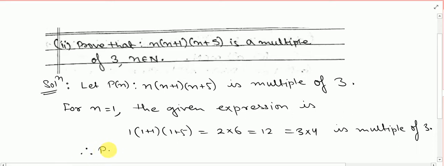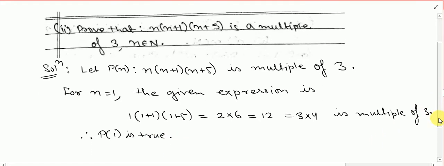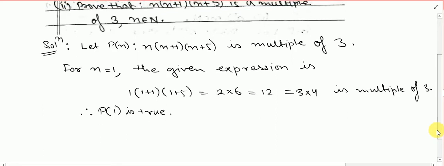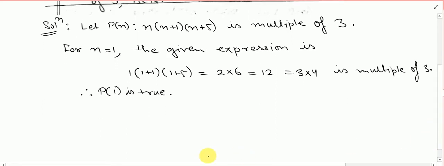Therefore P(1) is true. Done. Now we have to assume that P(k) is true. So now let P(k) be true.